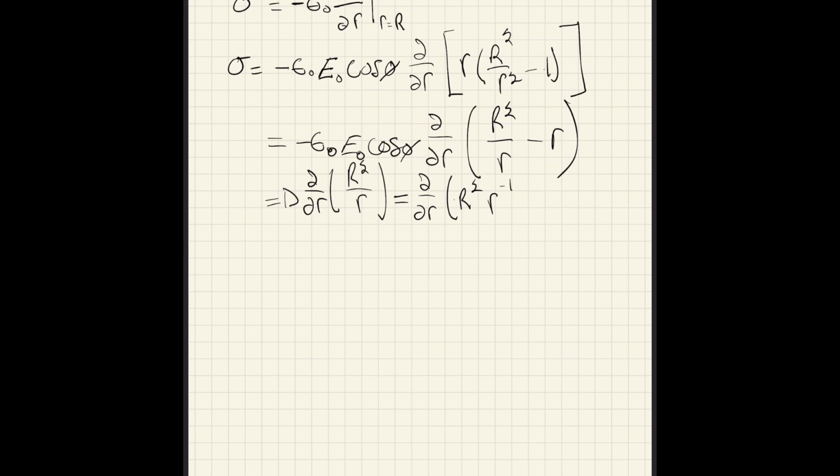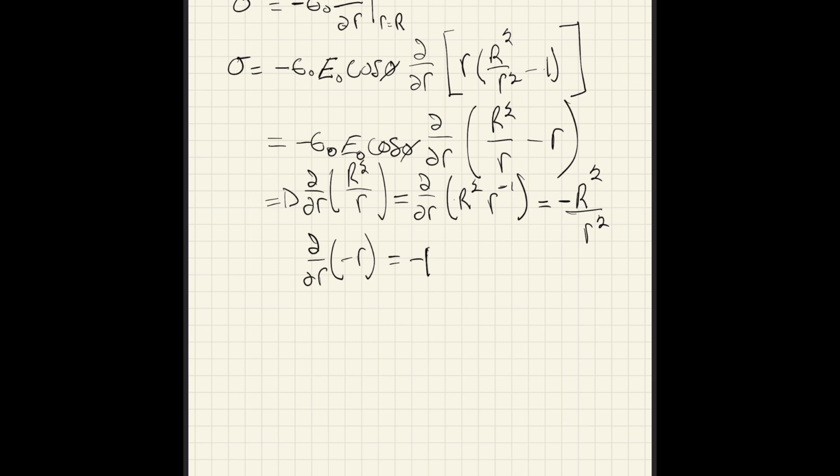No, sorry, you decrease by 1, it'd be -2. Oops, that's not what I meant to do. So we have negative r squared over r squared. And then the derivative with respect to r of minus r is going to be -1.